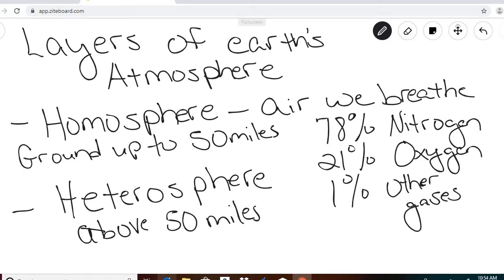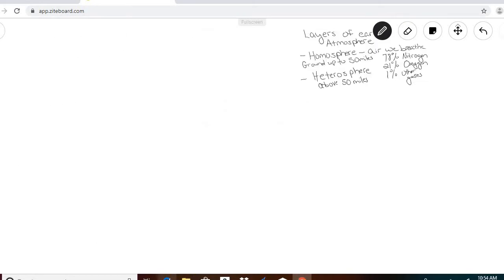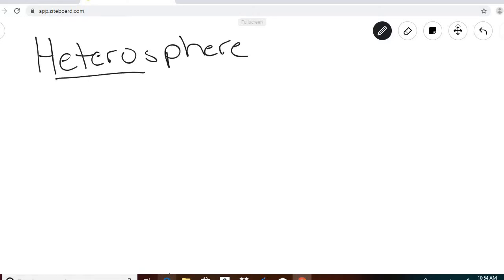So let's look more specifically at the heterosphere. Hetero means different. And so what the heterosphere tells us is that what the air is made up of depends on the altitude.